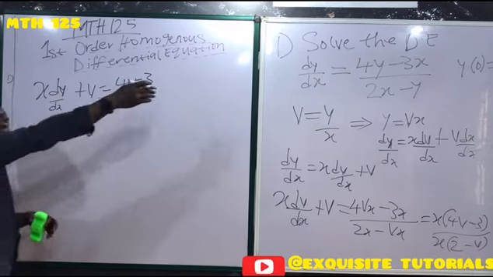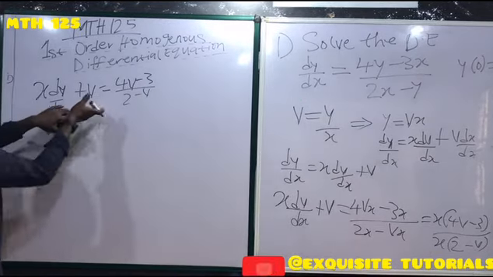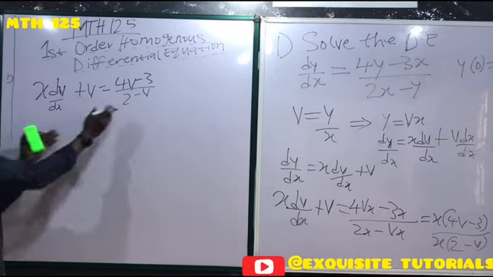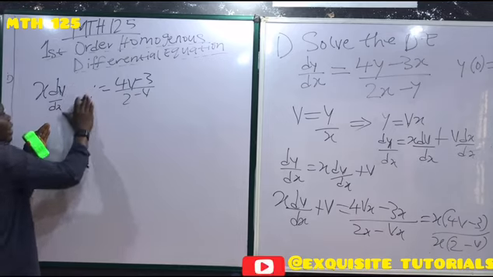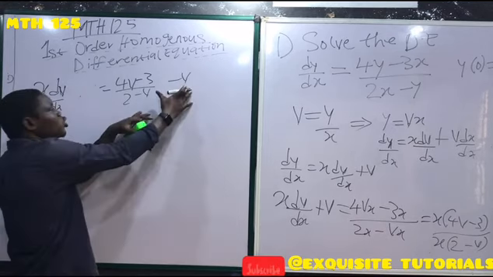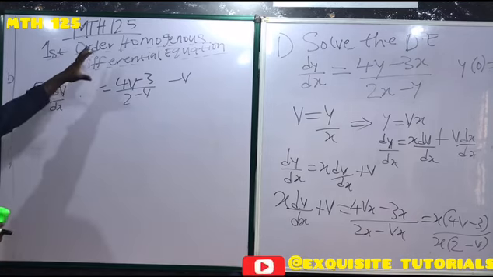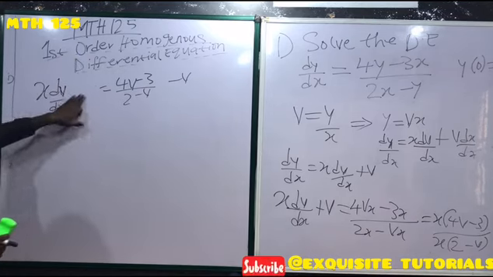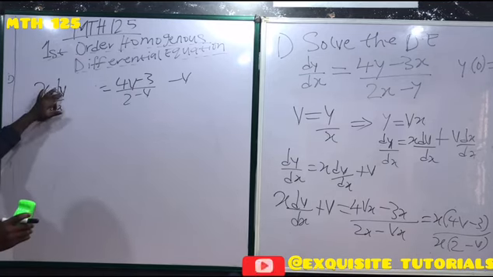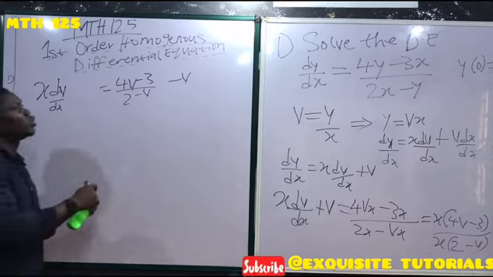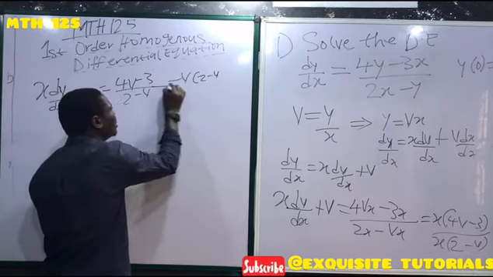Now we have converted something that is not a variable separable differential equation to look like a variable separable differential equation, because this is a function of v, and if I take this v to this side, I will have minus v here, which is also a function of v, and this is a function of x. And in our video about variable separable differential equations, we said anytime we have a function of v and a function of x separately, it is called a variable separable differential equation. So if I take this one here, I will have 2 minus v, then everything like this.